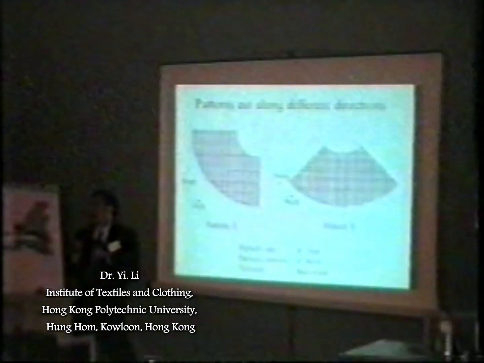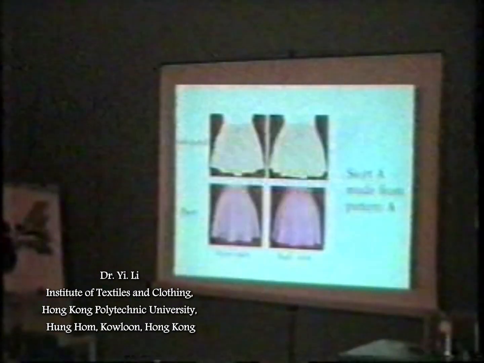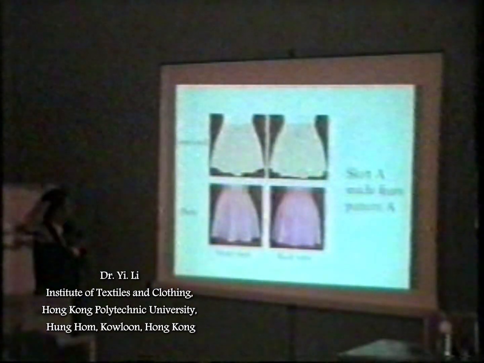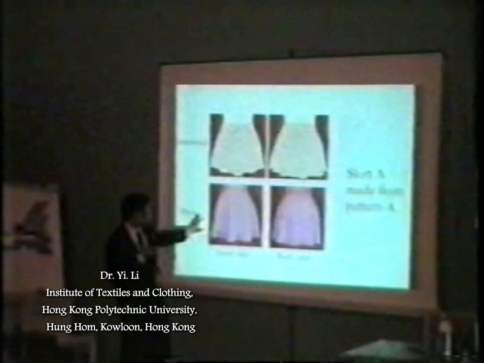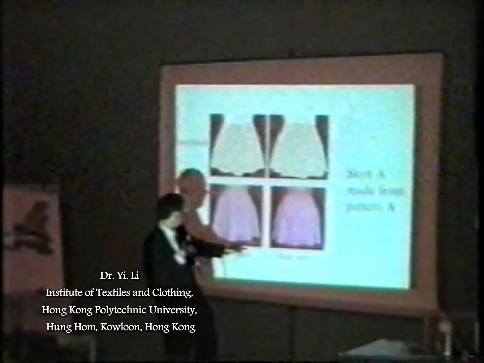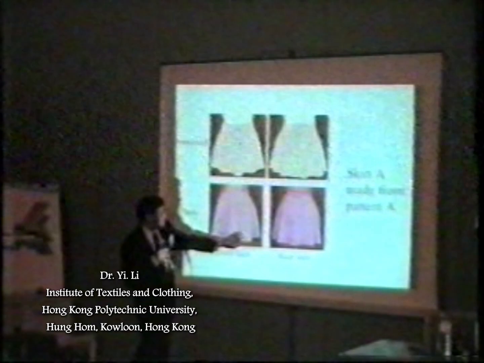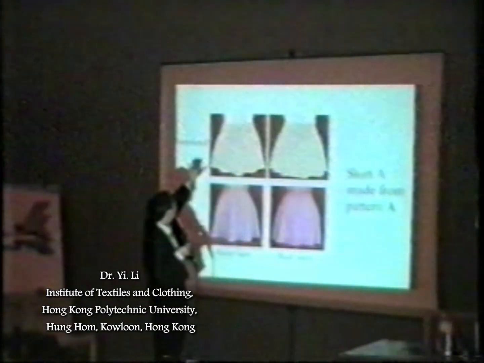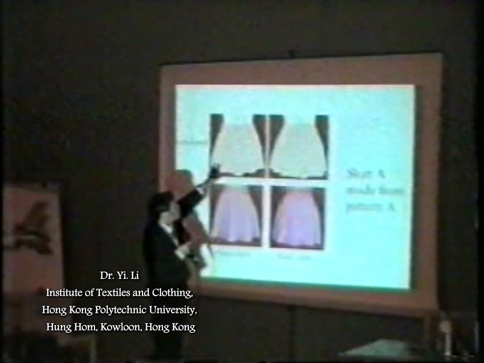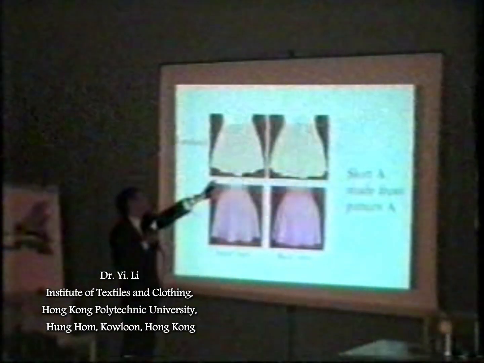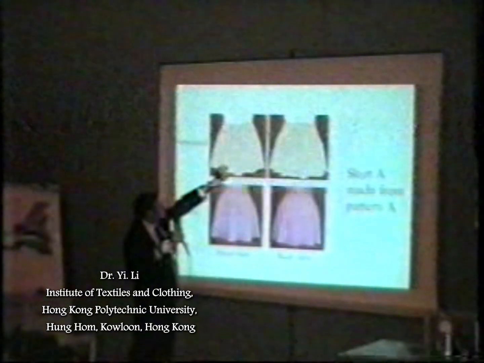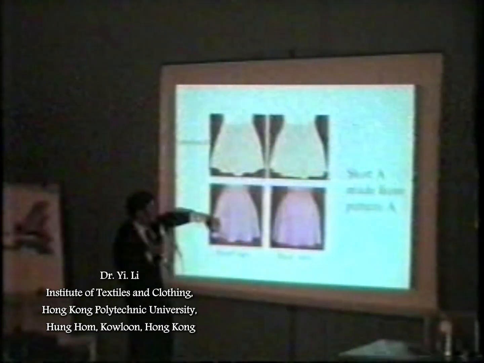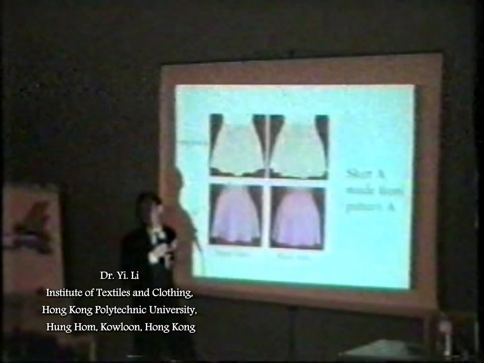Then with the same pattern, they have different features of the draping effects. That's the photo. You can see the different patterns of draping. But with similar results, it's not very clear here, but I can simulate basically the same patterns of the draping effects.